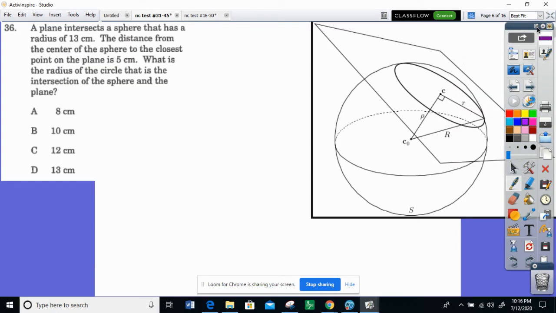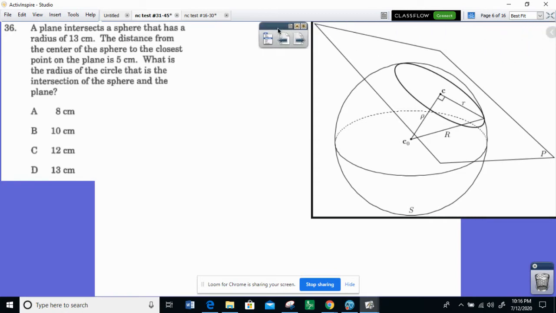So I've got a picture to help us out here with number 36. A plane intersects a sphere that has a radius of 13 centimeters. So here's the big sphere. The radius of the sphere is 13 centimeters. The distance from the center of the sphere to the closest point on the plane is 5 centimeters.